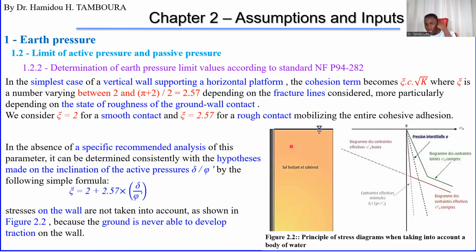So remember I said the contribution of the cohesion should be subtracted, because the cohesion will be helping to maintain the soil mass behind the wall. By subtracting the effect of the cohesion, you can get negative pressure, like here, for example.